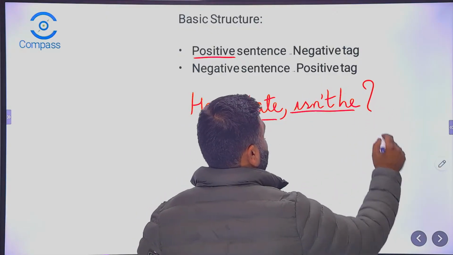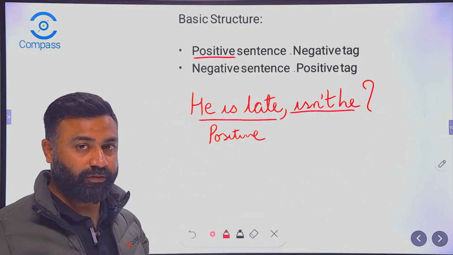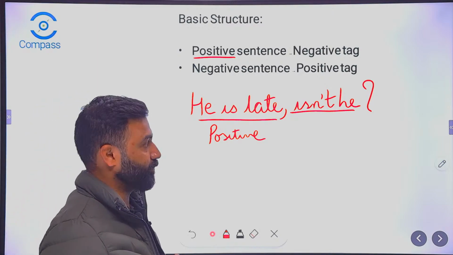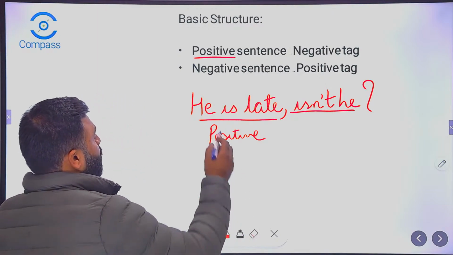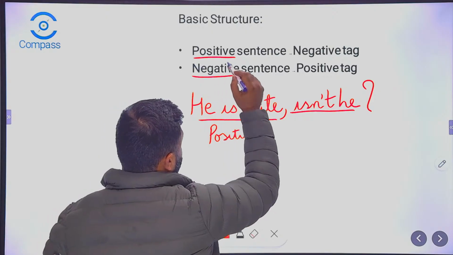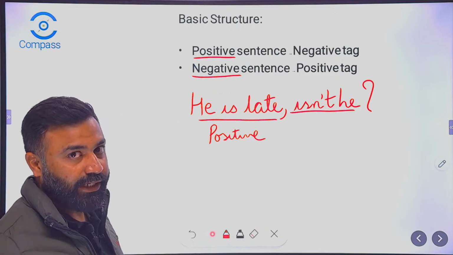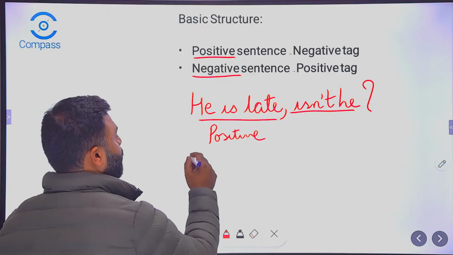And a question mark. So it does not end with a full stop but a question mark, of course. Vice versa, if the sentence is negative, the question tag has to be positive.